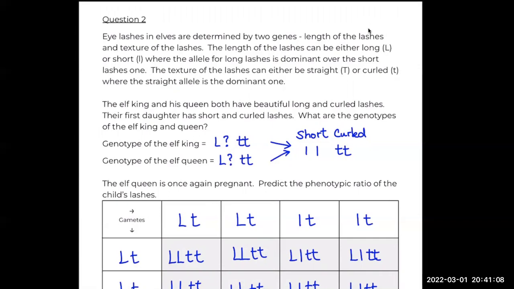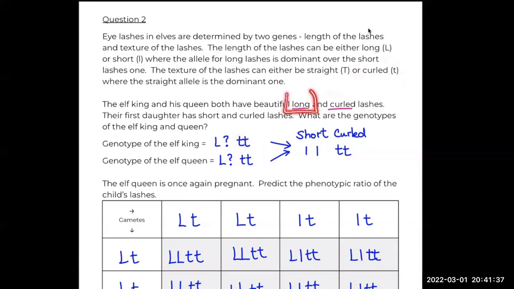Now, for the first part of the question, they're asking you about the genotype of the king and the queen. If you look at the question, you'll see that both of them have long and curled lashes. Because curled lashes is a recessive trait, represented by a little t, we know that for them to have curled lashes, they must both have this little t combination.